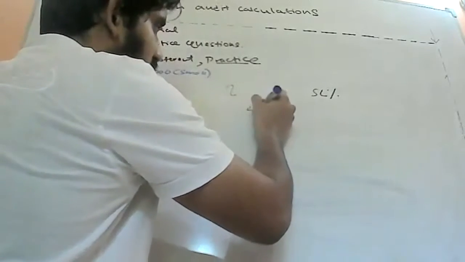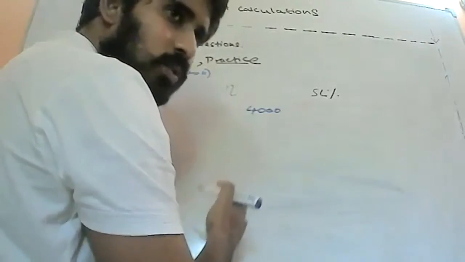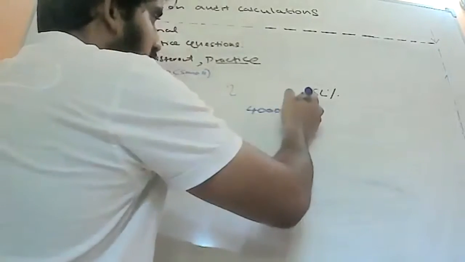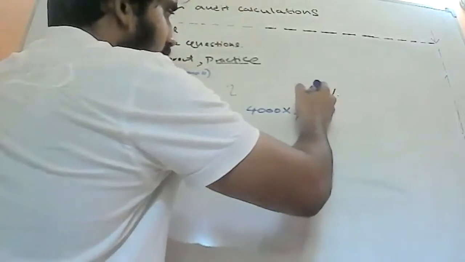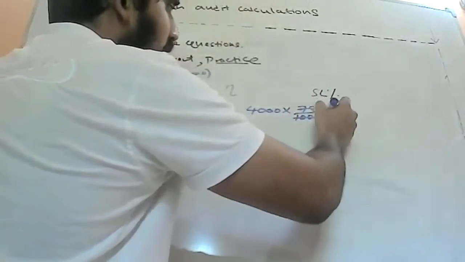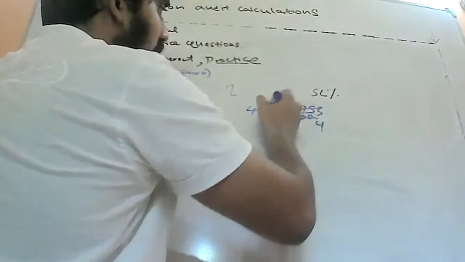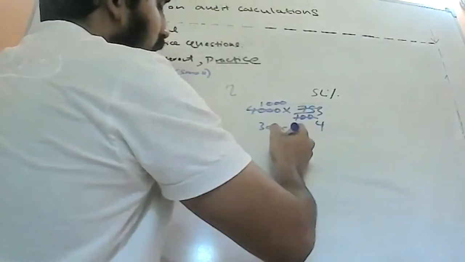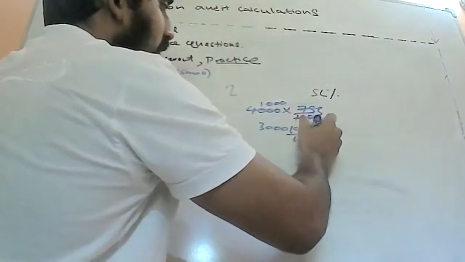Full load is 4,000, right? So what is 75% of this? This multiplied by 0.75. Very easy, I think it is 3,000 kilograms per hour. So that is the load.